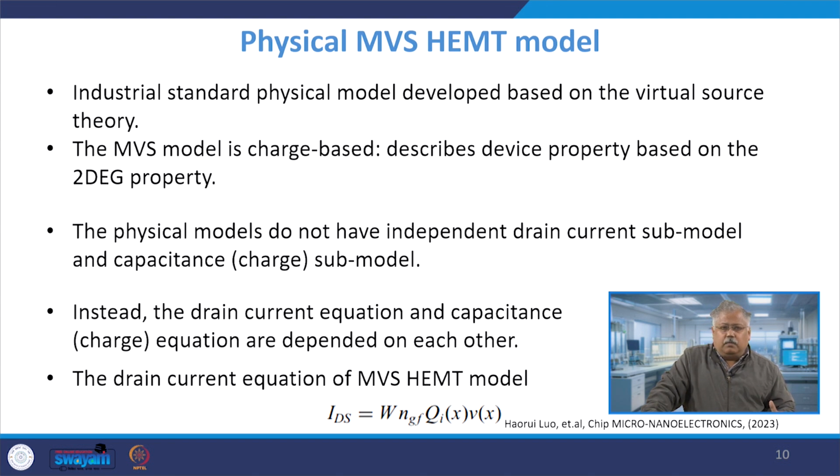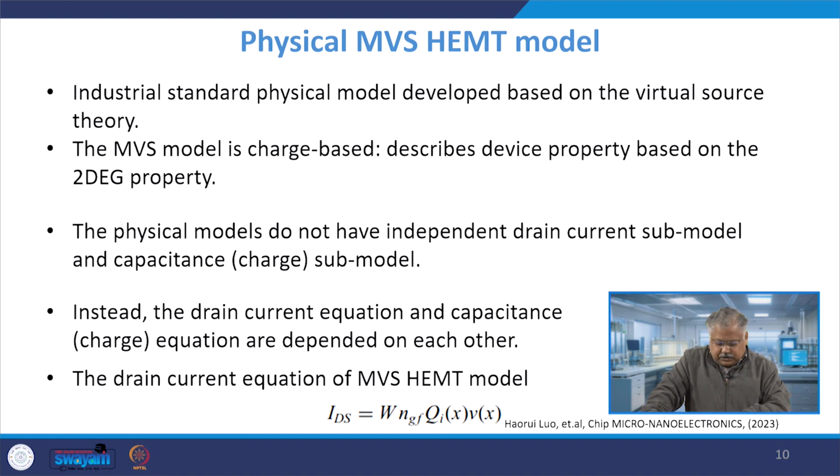However, the physical model does not have independent drain current and capacitance submodels. Unlike the Angelov model, it doesn't have a direct IDS relationship. Instead, the drain current equation and capacitance equations are interdependent.